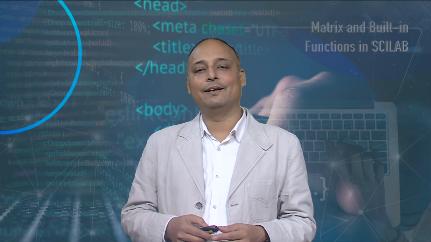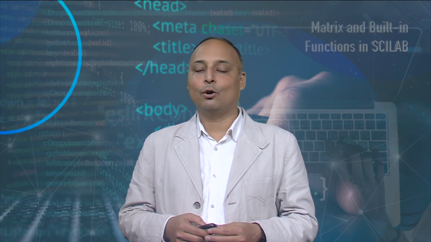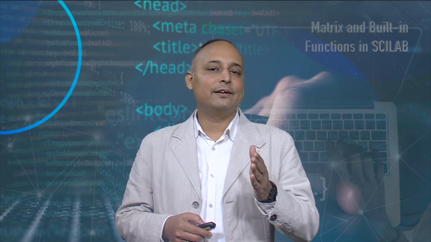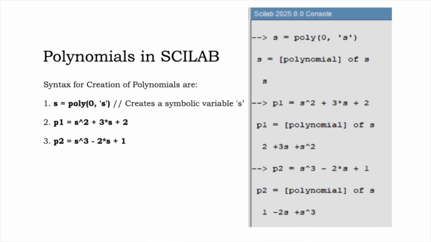Polynomials in Scilab. Polynomials in Scilab are represented symbolically and can be used for operations such as addition, multiplication, division, and root finding. Syntax and creation of polynomials: s is equal to poly within bracket 0 comma within the first quote s, which creates a symbolic variable s.